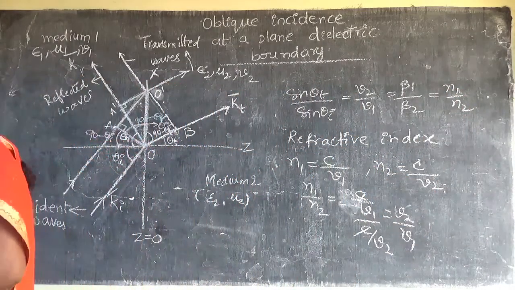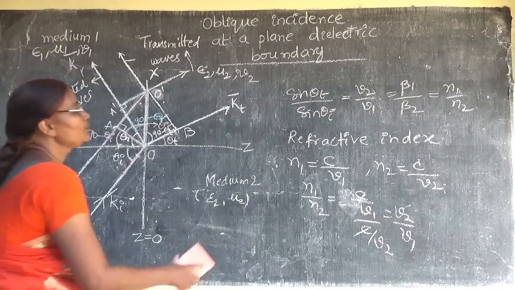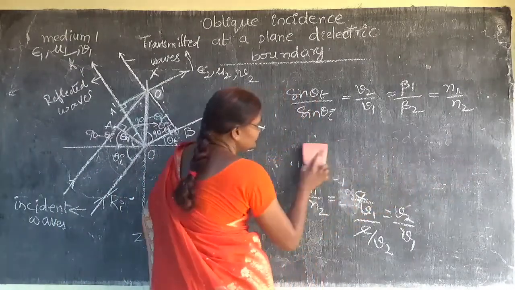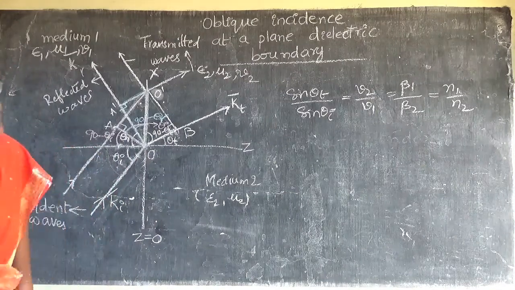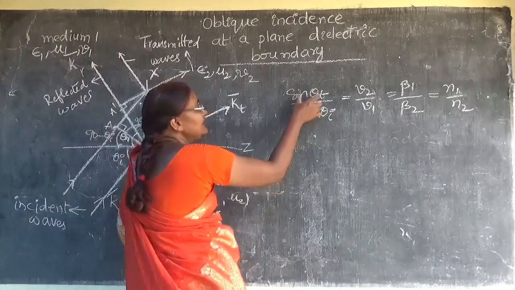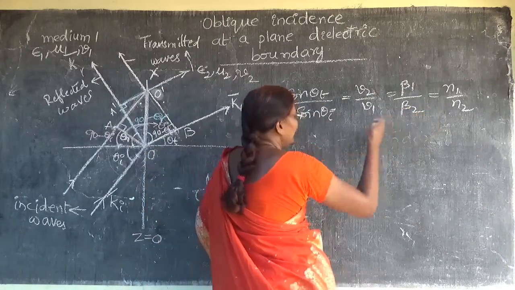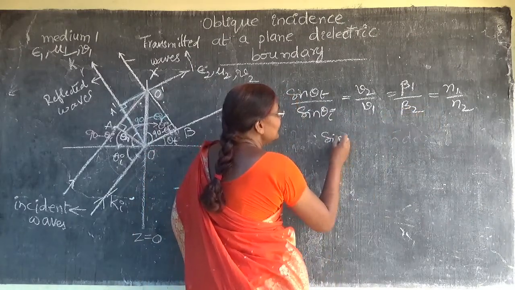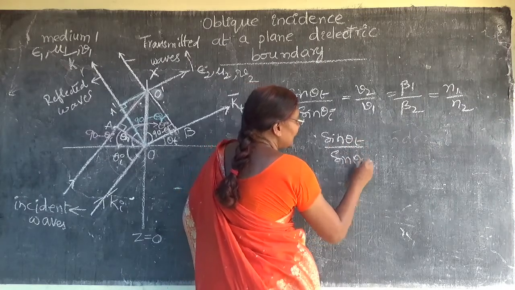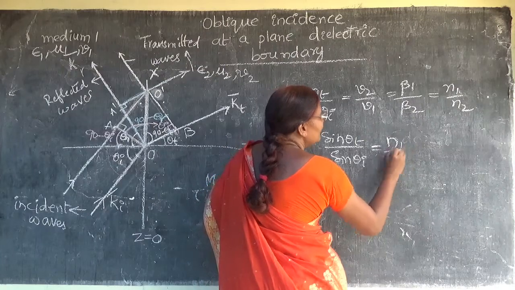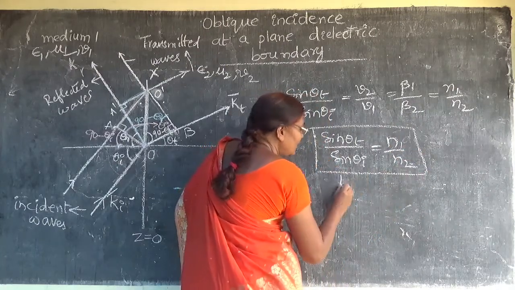Idi chala important annamata. Problems vastayi deentlo khachitanga. So I can write n1 by n2. So sin theta t by sin theta I must be equal to n1 by n2, and this relation sin theta t by sin theta I is equal to n1 by n2 is called Snell's law.